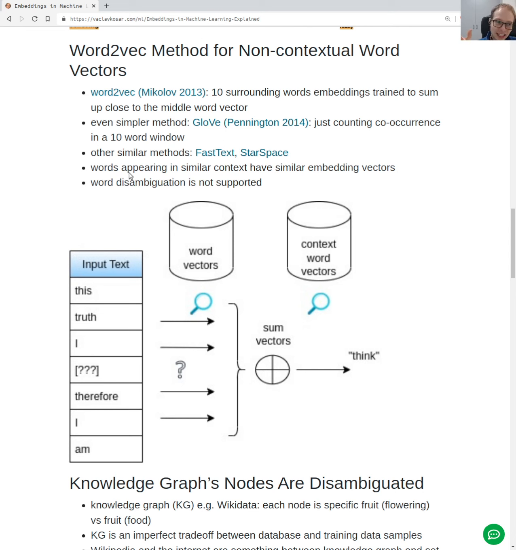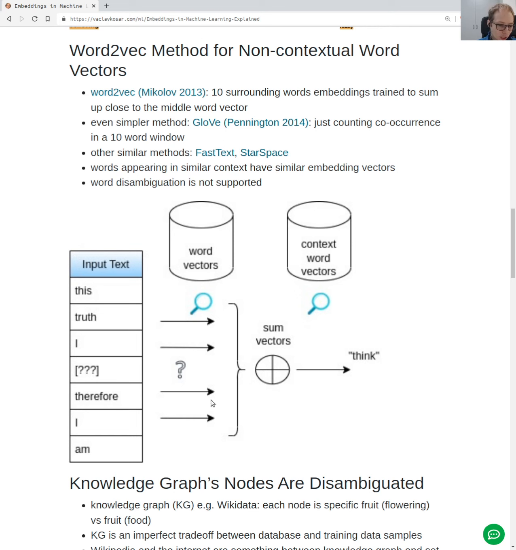So I create a window of 10 surrounding words, something like a sentence size, and I have this word here that I want to represent. And how do I represent this word? I basically pretend that I don't know it.